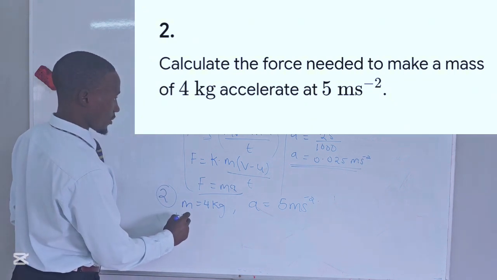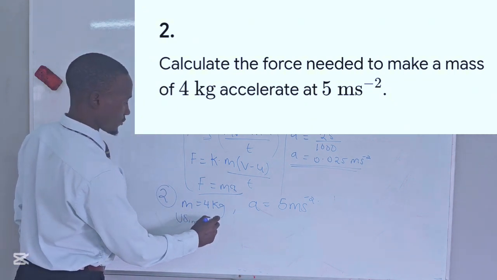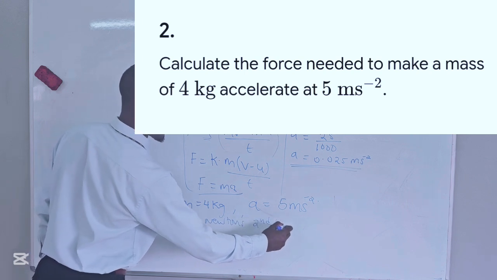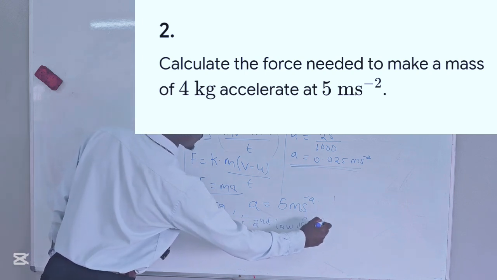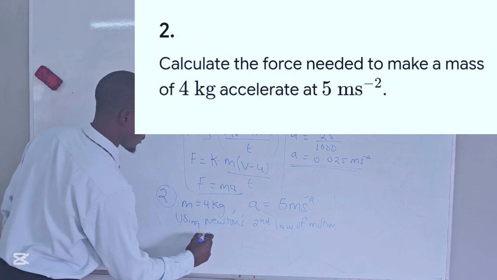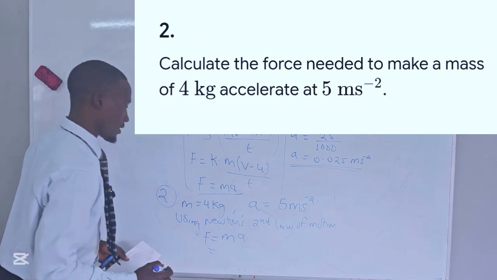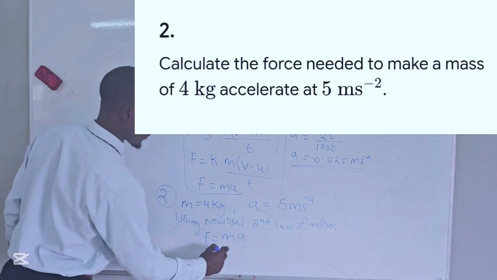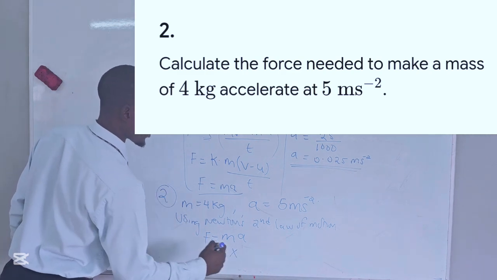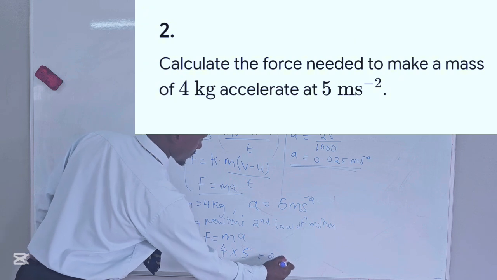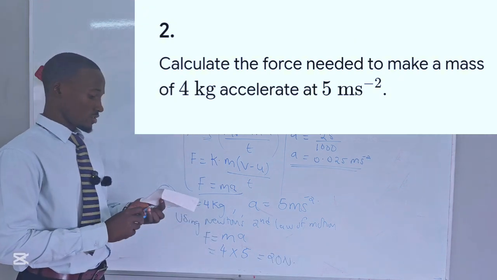So still we are going to be using Newton's second law of motion. And we say that force is equal to ma. The mass is 4 kilograms in that equation, and the acceleration is 5. This gives us 20 newtons.